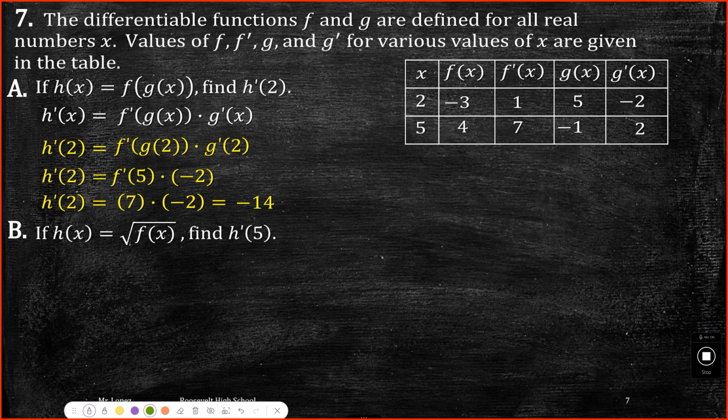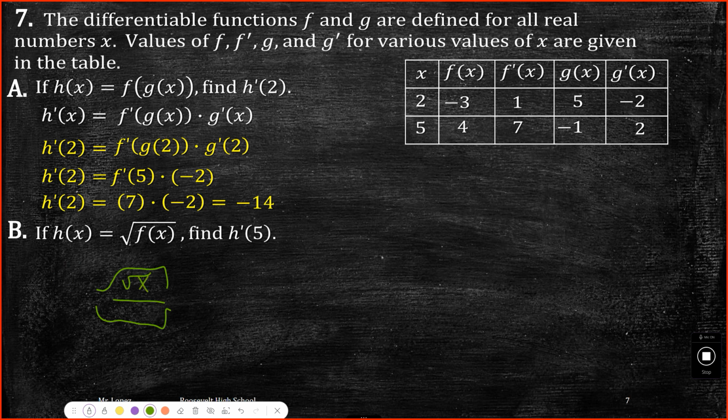So h prime of x. Maybe I need my machine here, because I can't visualize it. All right, here's my machine. What did I say was the outer? Square root of x.